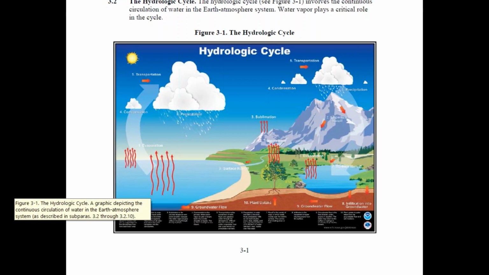The clouds move over the land and start to cool down, which causes the precipitation to drop as rain. The rain gathers in lakes and streams, takes it back out to the ocean, and the cycle repeats.